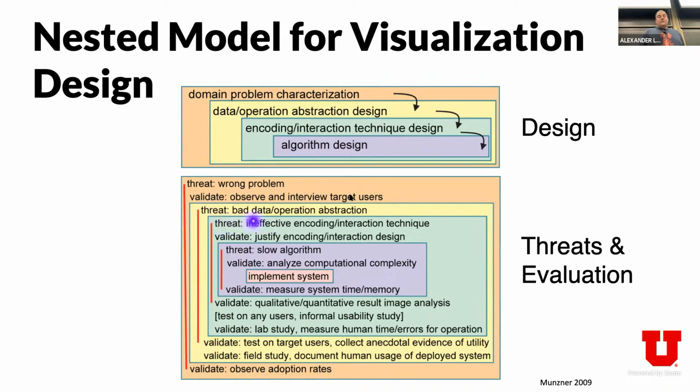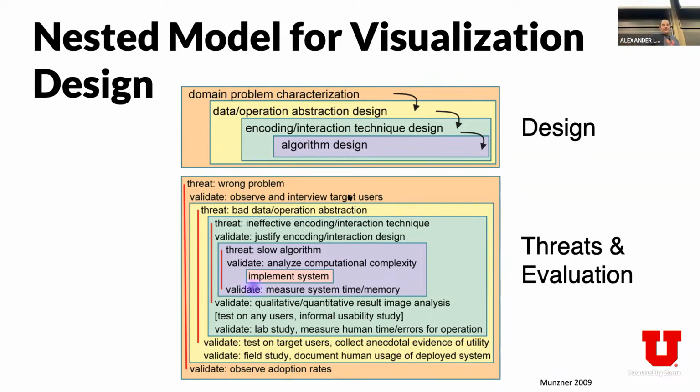Then, to give you a second example, the threat for the encoding and interaction technique design stage would be choosing an ineffective encoding or interaction technique. The pre-implementation validation here is kind of tricky, right? You have to theoretically justify it: I have learned this in my Viz class, these are the design principles, and we know this from this paper, and therefore this should work reasonably well.